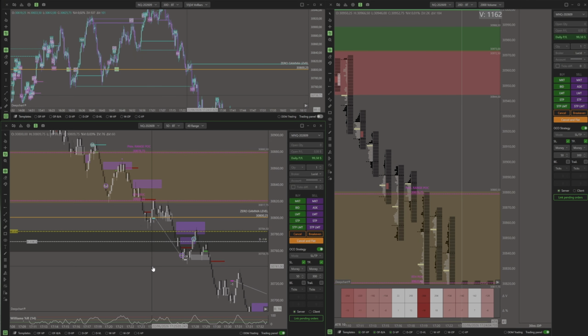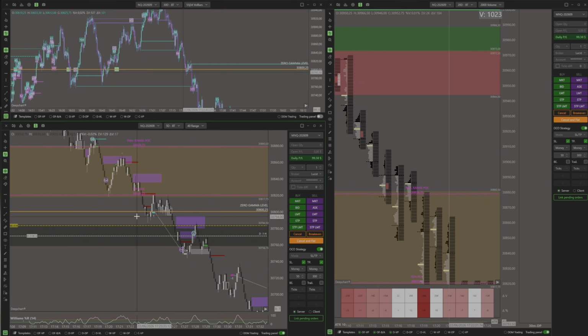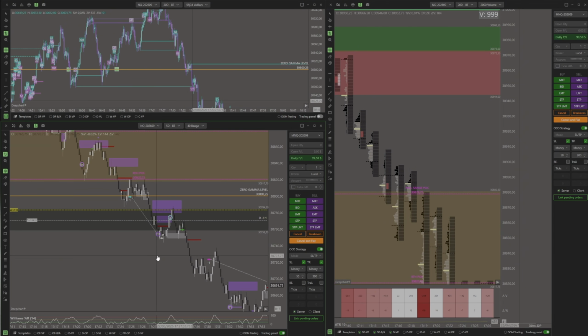Since I look at live levels, how they change live through Gamalito, I could see that zero gamma was dropping lower and lower. I did not pay attention to net gamma just yet, but I'm guessing that net gamma was slowly decreasing and reaching close to zero or close to negative, or maybe it was even negative around here. But I took the trade.